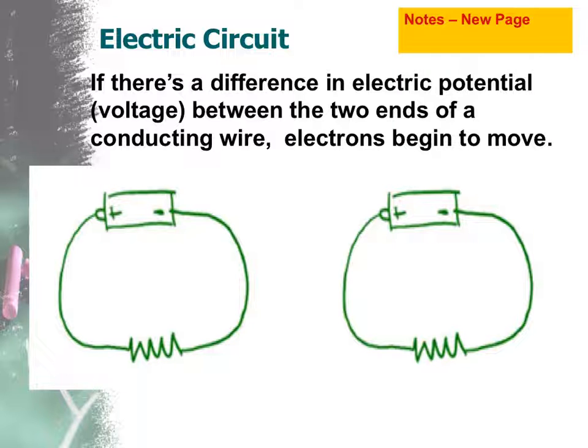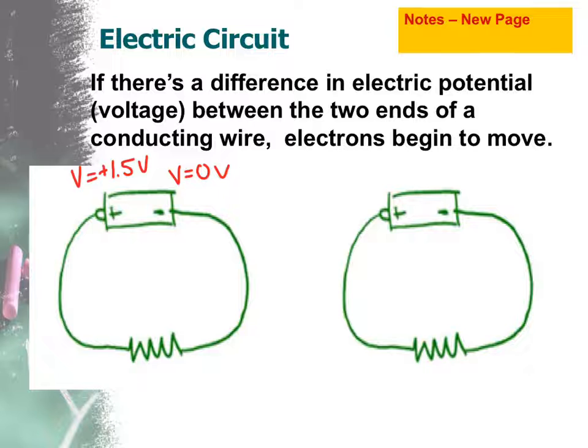When we were talking about voltage or electric potential, I brought out a AA battery from one of my remote controls, and we learned that this is at an electric potential or voltage of 1.5 volts, and we could think of the other end as being at 0 volts. So there is a difference in the electric potential between the two ends of our wire.